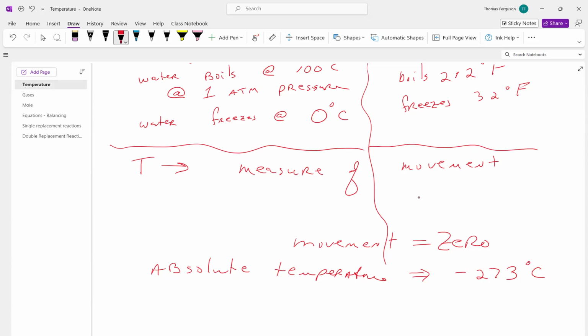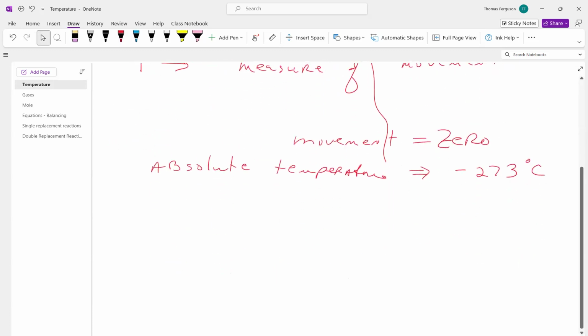Okay, so again, Celsius and Fahrenheit are both relative. We have an absolute temperature scale also. That's not relative. It's defined by absolute, no movement at all.